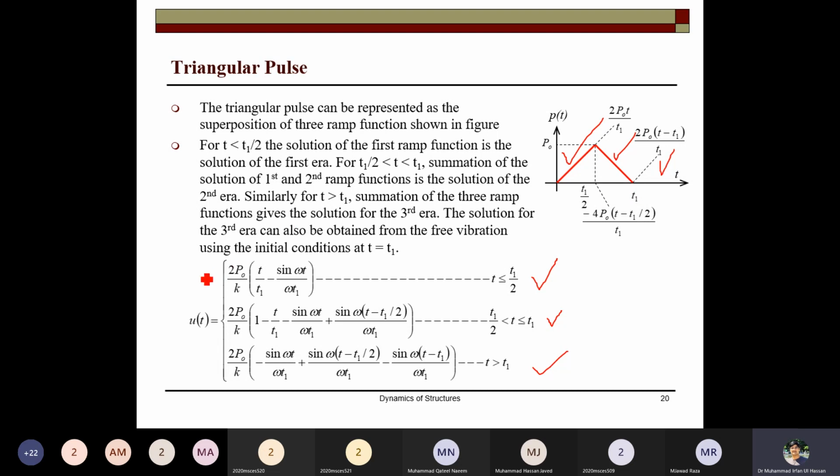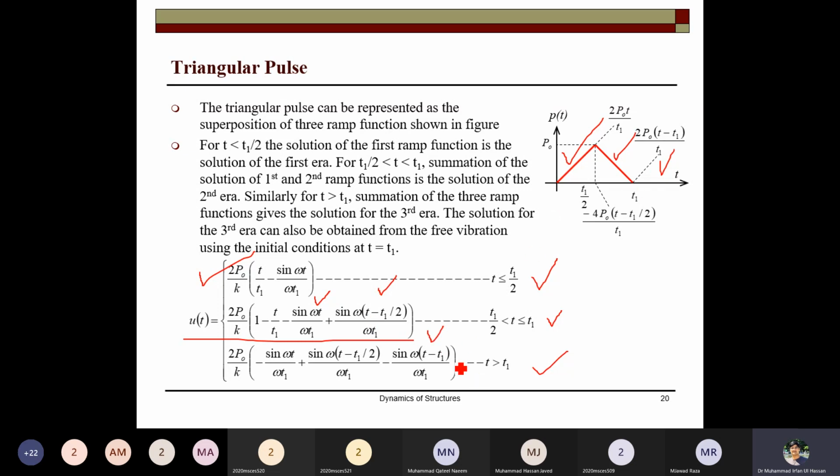Therefore the first response, when t is less than t1 by 2, is this one. The second response, when t is t1 by 2 to t1, the response of the system will be this one, and the third response is when t is larger than t1. So we will add this response also, and the third one is this response.